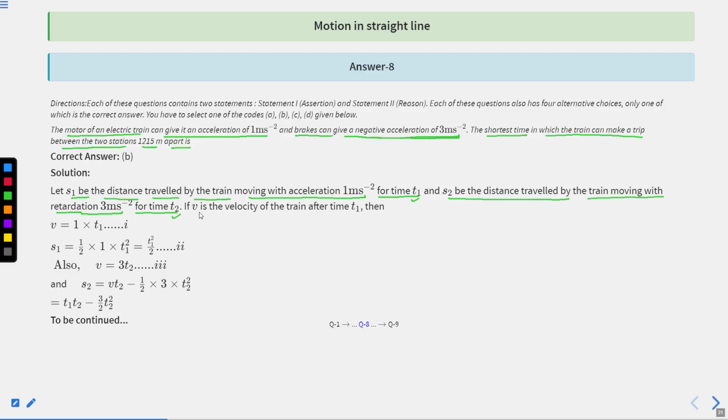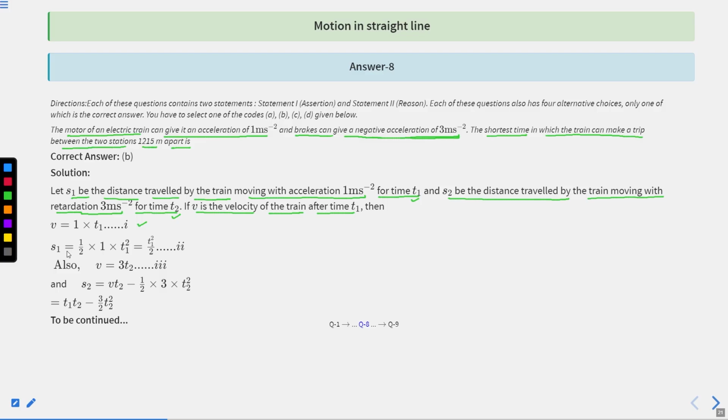If v is the velocity of the train after time t1, then v equals 1 multiplied by t1. This is equation first.